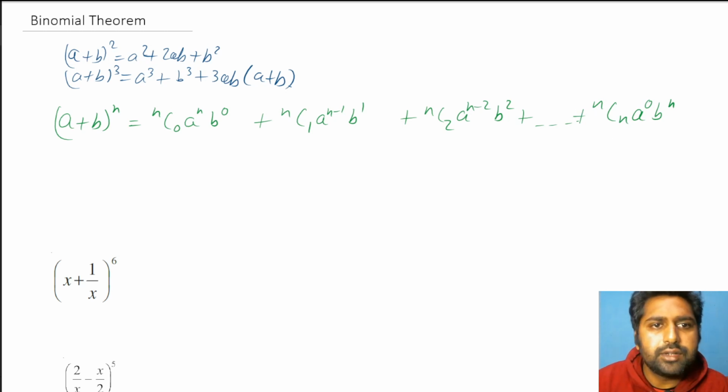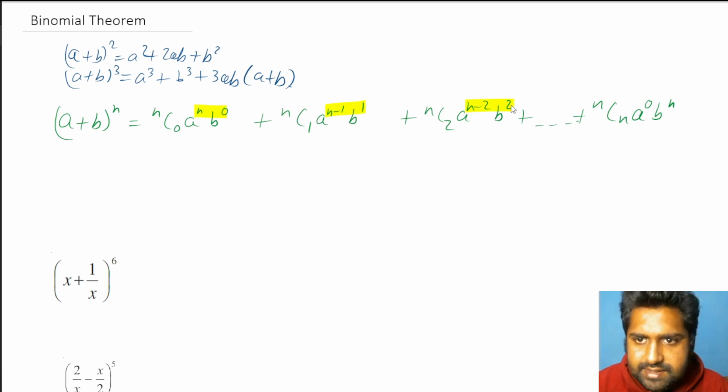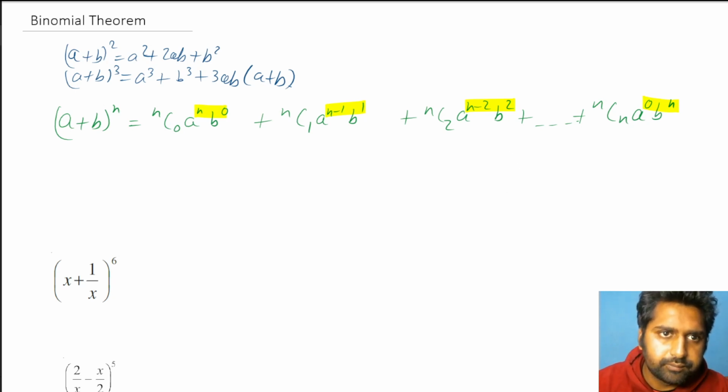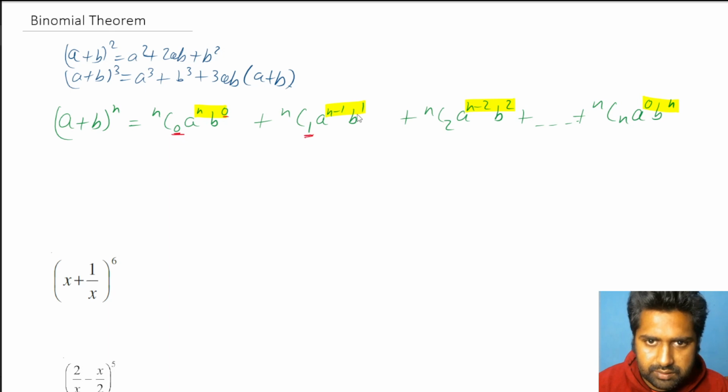Now the key thing that you have to see is that the sum of the powers is always n. Second thing, you can see that the number present here, nC0, has b raised to power 0. If it is nC1, b raised to power 1. nC2, b raised to power 2. nCn, b raised to power n.